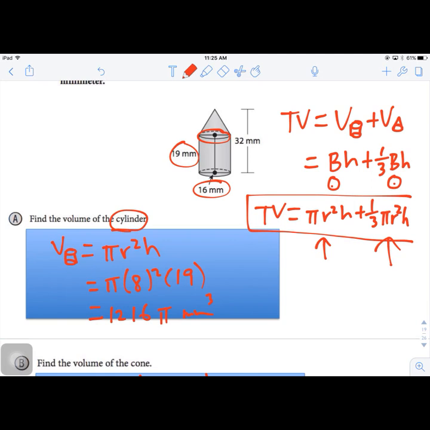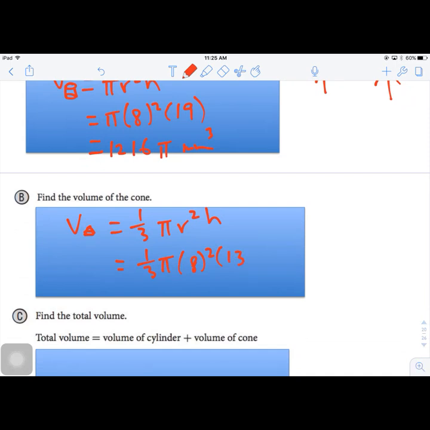Total height for the composite figure is 32, but we've got to take away the height of the cylinder. That will give us the top part, so minus 19. That'll be a total of 13 height for the cone part. So times 13, multiply all of that together, we have a total of 277.3 pi cubic millimeters.